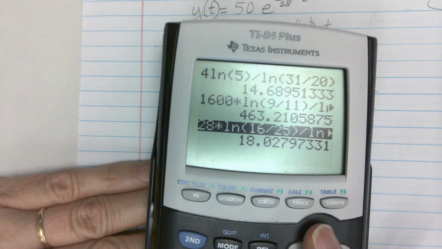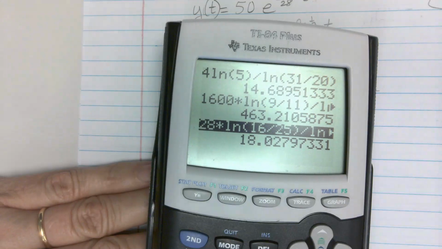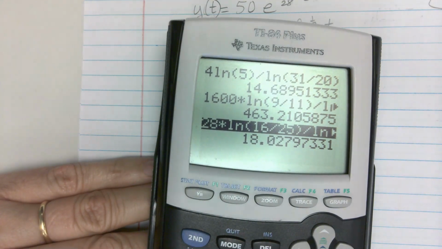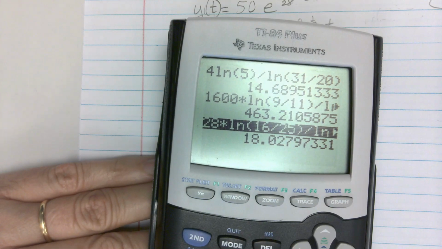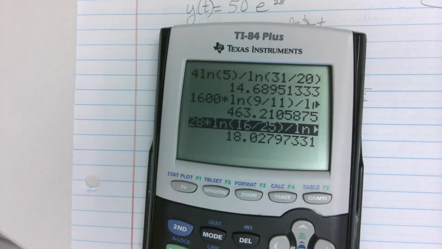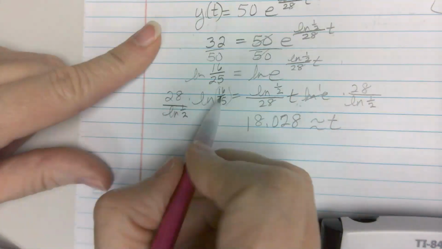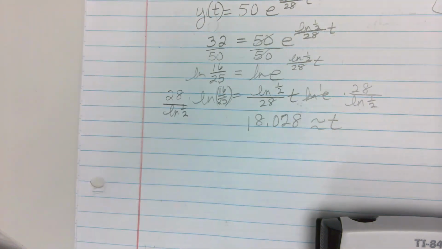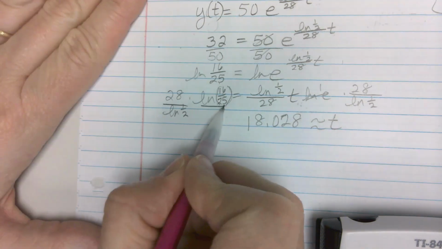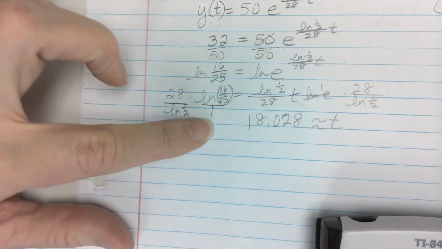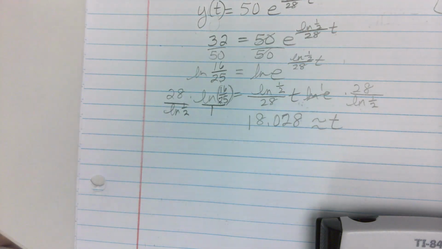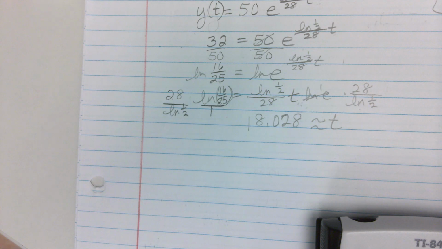Where'd you get 32? Oh, 32 over 50? I got the right answer. Oh, no, the natural log is of the 32 over 50. So if you're doing it your way, it needs to be over 1 and then times ln of 32 over 50, in the parentheses.